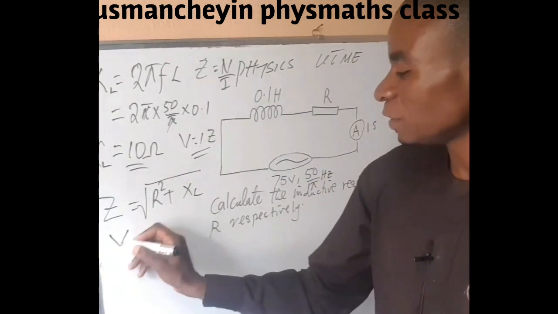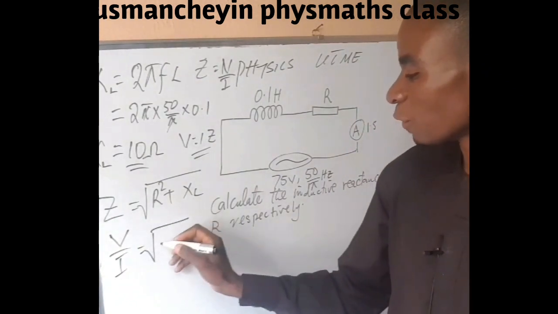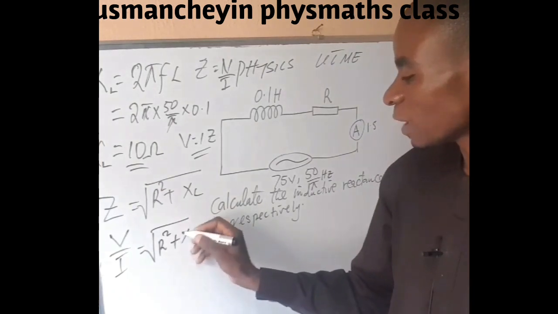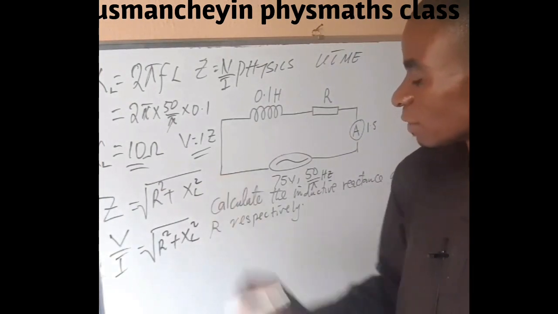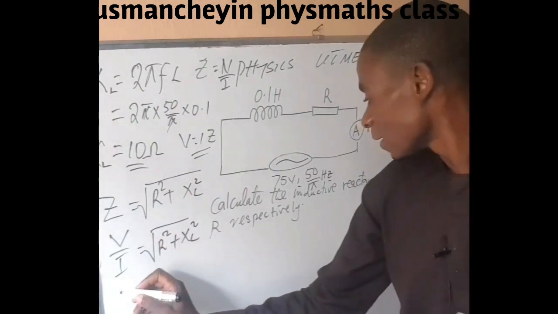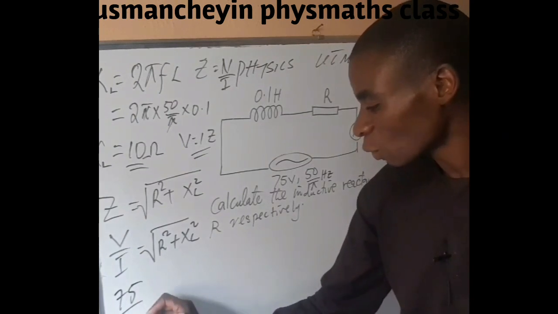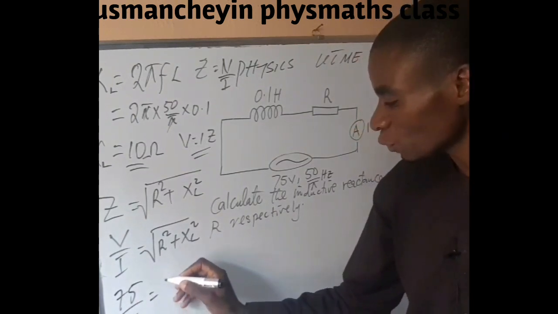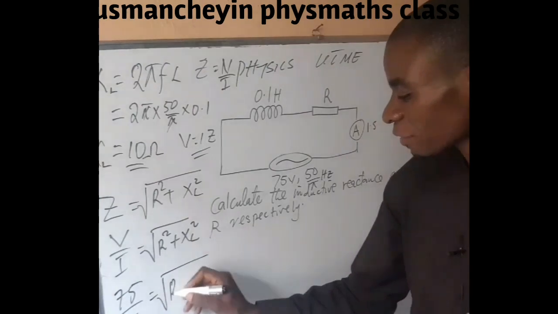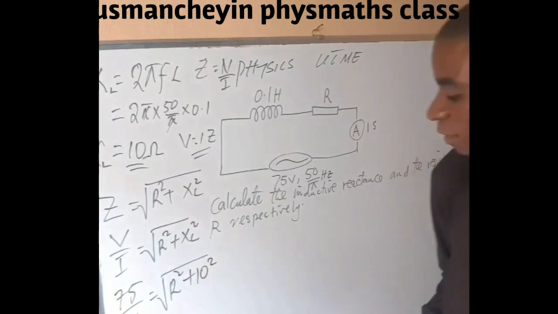We will now have V over I is equal to the square root of R square plus XL square. This has a square there. So our V is 75 all over I, which is 1.5, equal to the square root of R square plus 10 square.